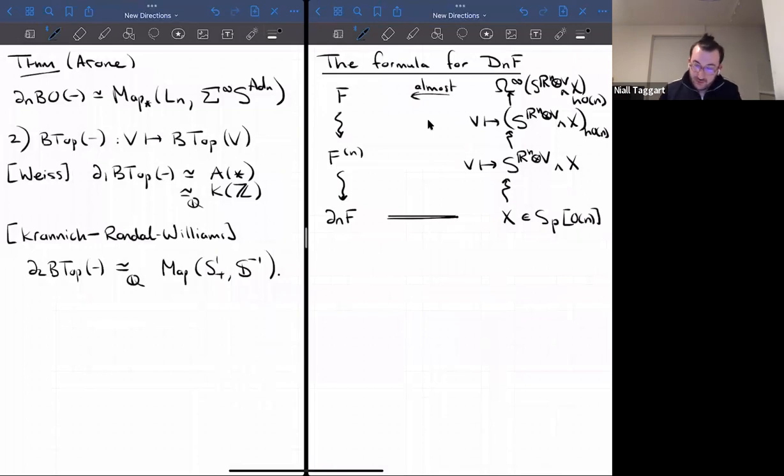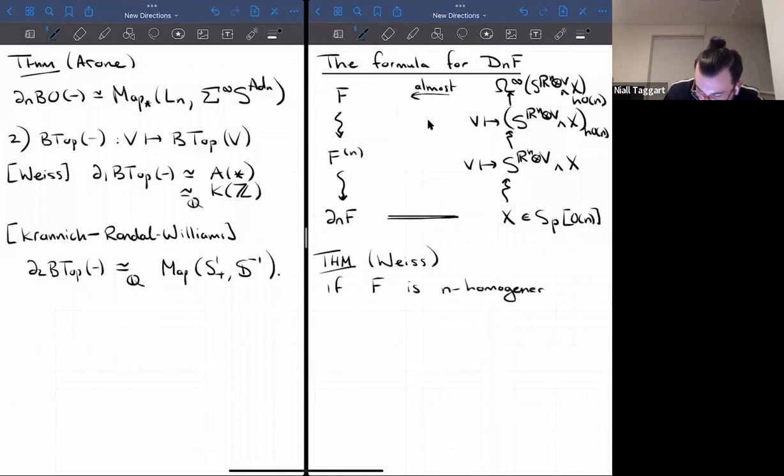It recovers F if there are two nice properties about F. So I guess this is the theorem of Michael Weiss. If the functor F is what's called n-homogeneous, that means that the map to its nth approximation is an equivalence, and its (n-1)st approximation is trivial. So think of it as concentrated in polynomial degree n.